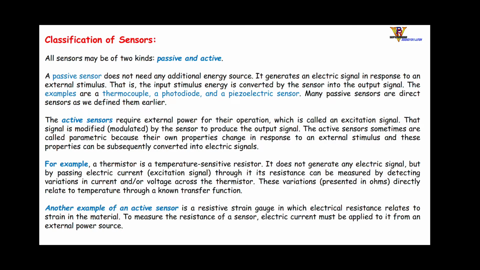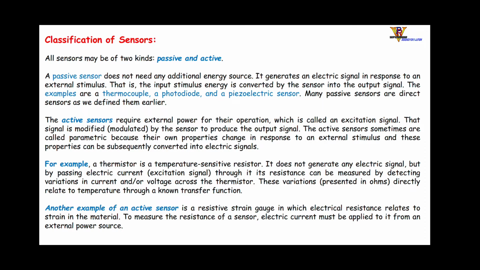This electric current is also known as the excitation signal. So we can directly know the value of changes in electric current or voltage, and these variations can be calibrated in terms of ohms. This change in resistance is directly proportional to the applied quantity to be measured.